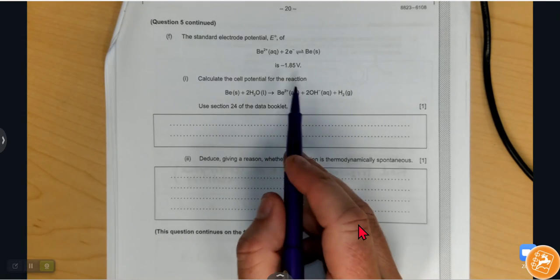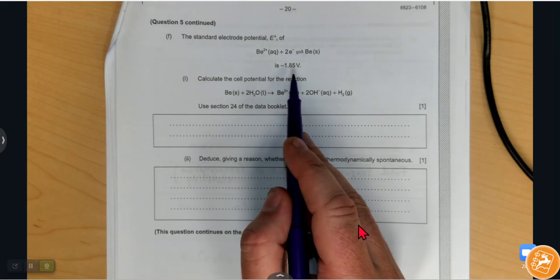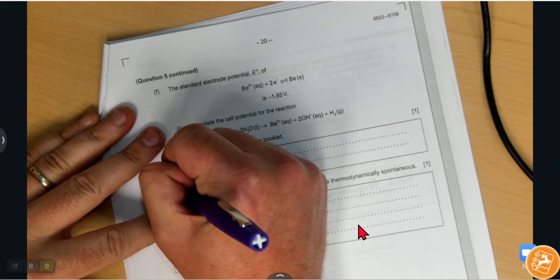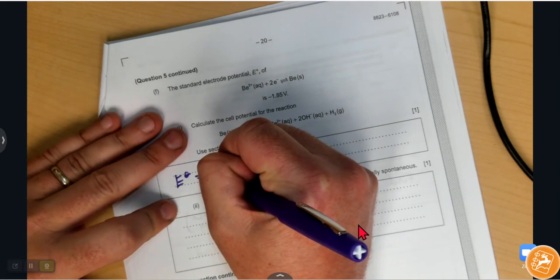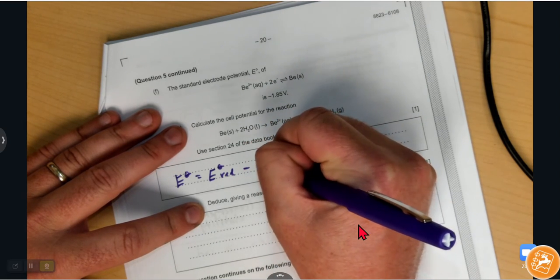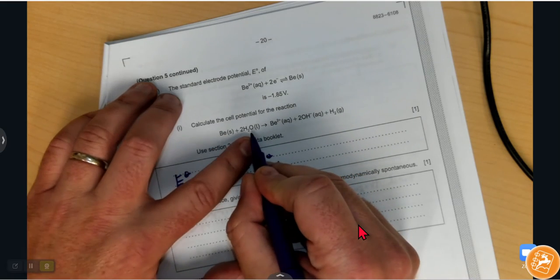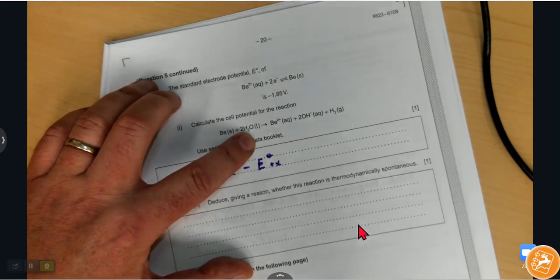The standard electrode potential of beryllium ions to beryllium is -1.85. Calculate the cell potential for this reaction. So the cell potential will just be the reduction potential for what is reduced minus the reduction potential for what is oxidized. Here we've got beryllium being oxidized, and hydrogen in water being reduced to form hydrogen.